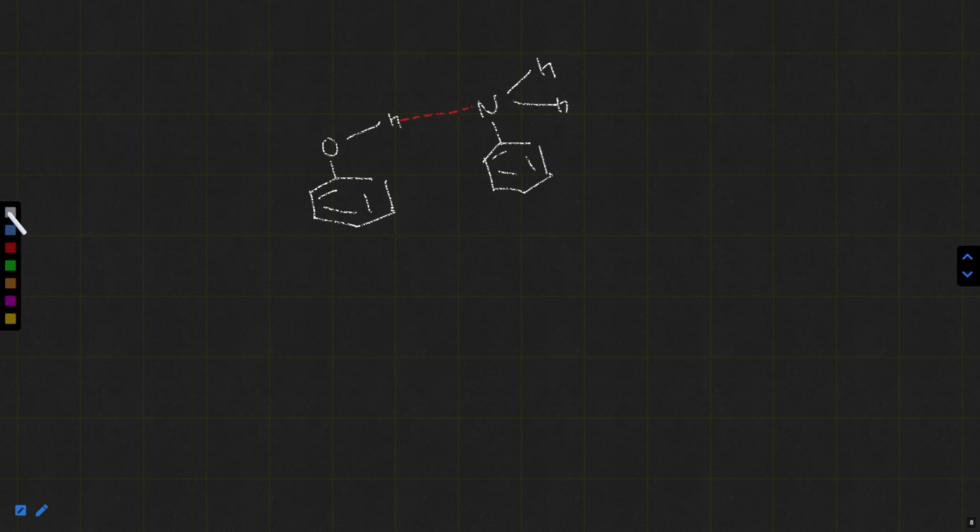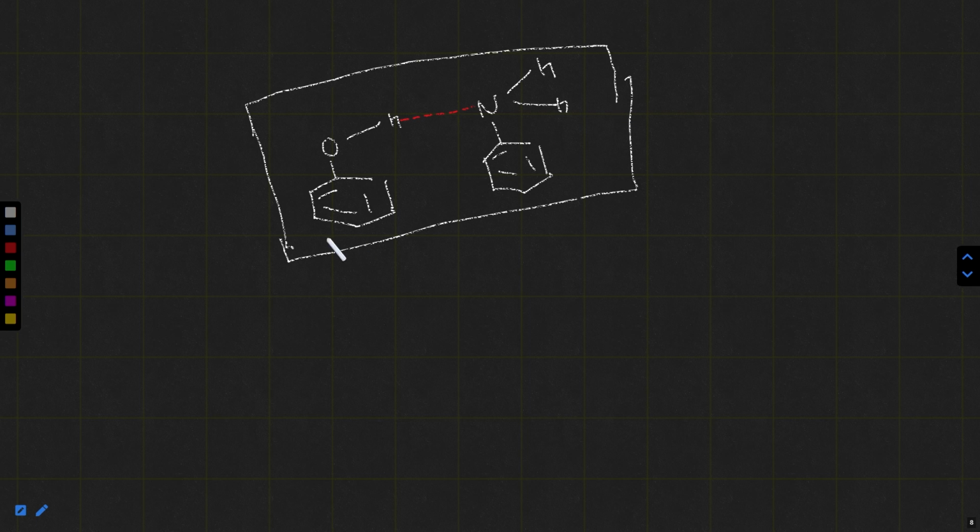Due to this interaction, we will see a negative deviation, because molecules A and B find it difficult to escape the solution due to greater interaction, and hence form less vapor over the solution, resulting in a lowering of the graph, or a negative deviation.